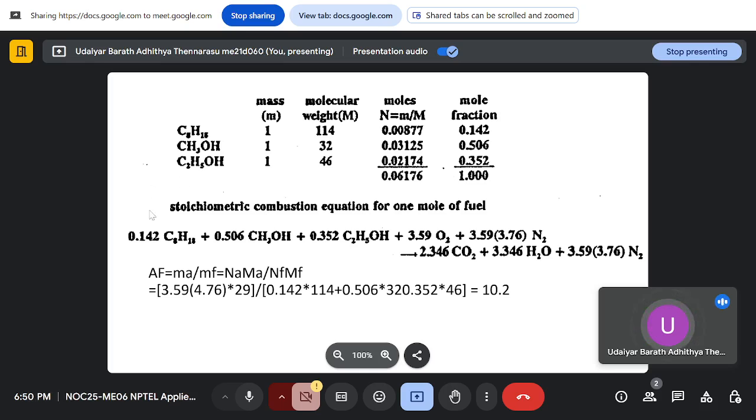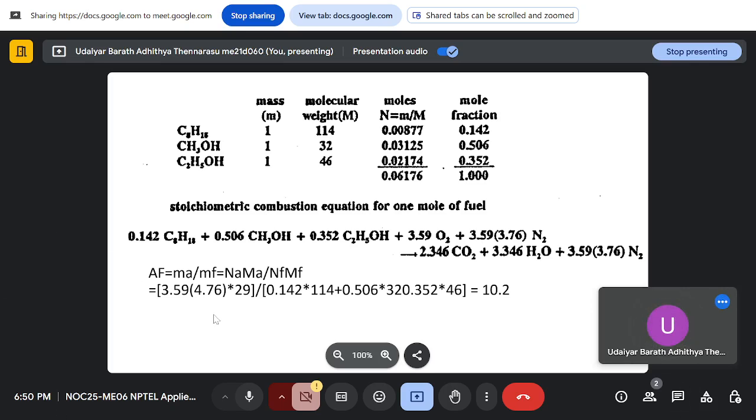If we write a balanced equation, we take 0.142 C8H18 plus 0.506 CH3OH plus 0.352 C2H5OH plus A times O2 plus 3.76 nitrogen gives you B CO2 plus C H2O plus D nitrogen for complete combustion. And do the atom balances for carbon, hydrogen, oxygen and nitrogen. This is how the values will be, and this is the balanced equation which you will get at the end.